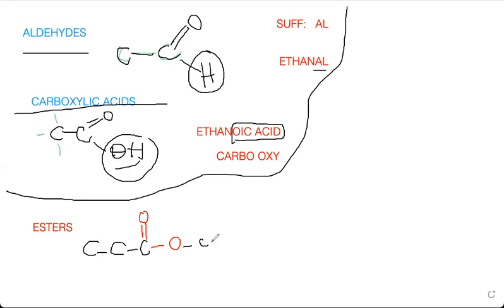I'm not following the shape of the molecule here. Otherwise, this oxygen should be here. Let me follow the shape of the molecule here because you have to follow it. What is this? Ester. Okay. So see, oxygen.